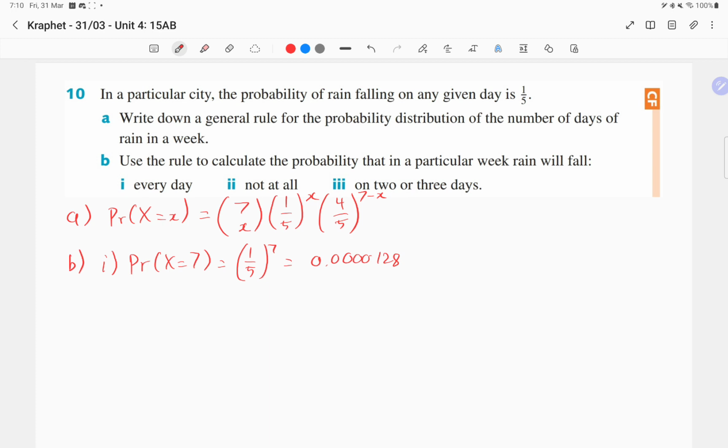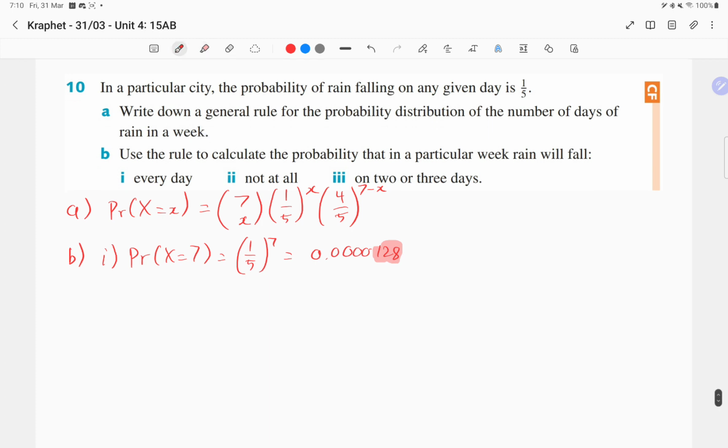Or even 4 significant figures is okay. Whatever you can see. So you see this one? This is 3 significant figures, right? Because that's 1, 2, and 8. The other zeros are not significant. It's just a really small number, but the numbers I want to see are 1, 2, and 8 after the zeros. So that's 3 significant figures.